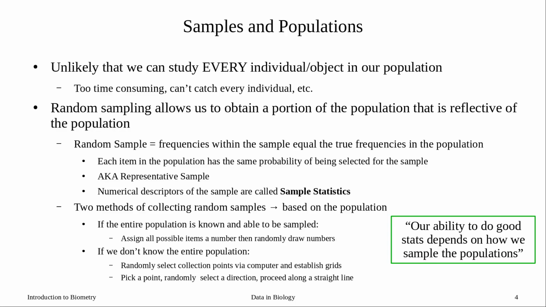Most likely scenario is that we don't know the entire population. So what we could do is use the computer to select a random number of points, and then at those points we establish grids and we take all of our measurements from those grids. Another way of collecting random samples is to pick a random point and then randomly choose a direction and start walking a transect.